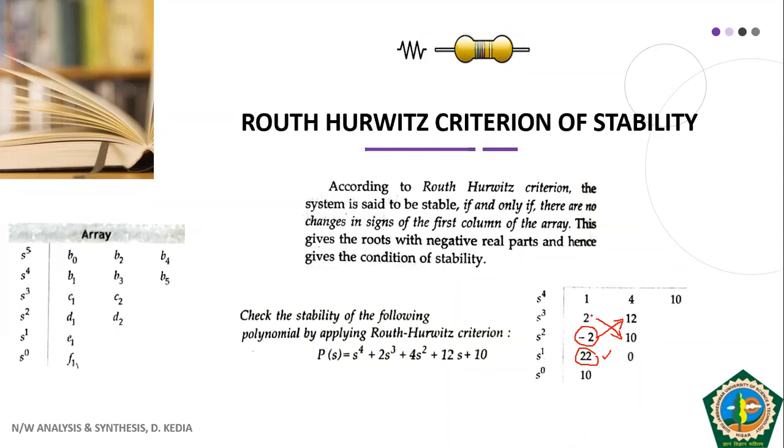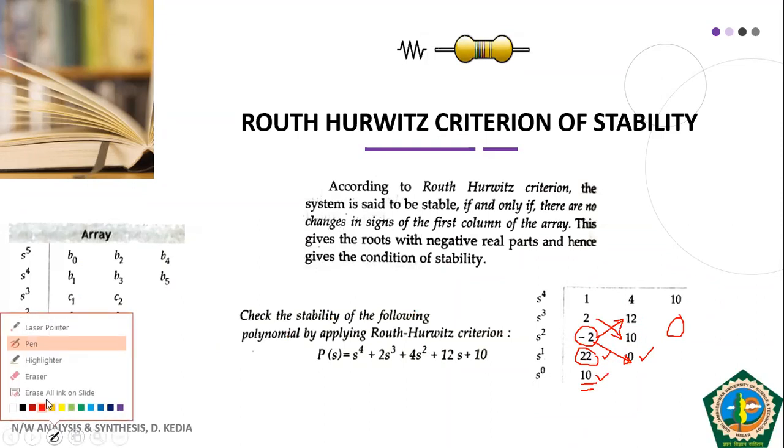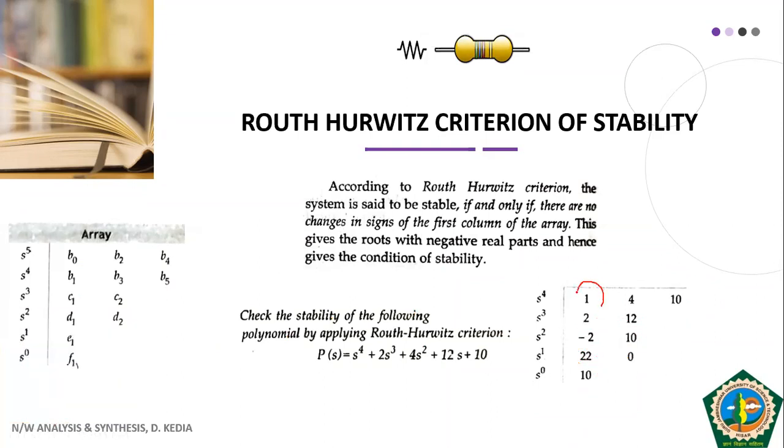And then if you multiply here, you get a 0 here. Now we need to find out this one. For this, 22 into 10, 220 minus 0, that is 220. 220 divided by 22 is nothing but 10. So what we have obtained is the first column of our Routh array.